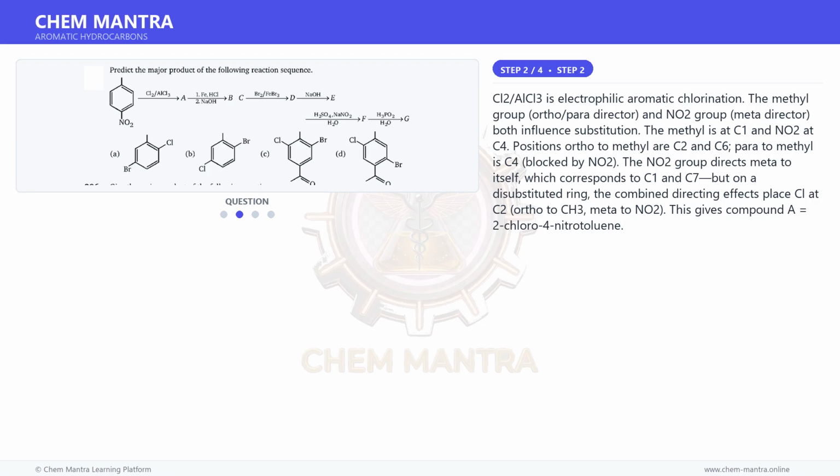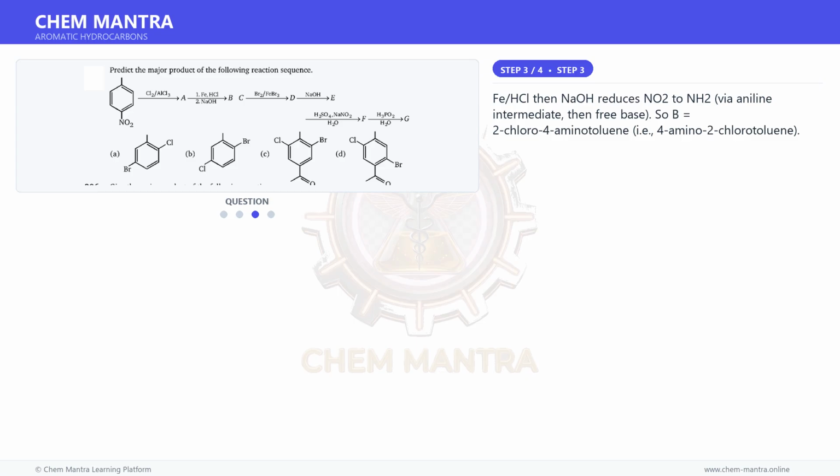Positions ortho to methyl are C2 and C6, para to methyl is C4, blocked by NO2. The NO2 group directs meta to itself, which corresponds to C2 and C6, but on a deactivated ring, the combined directing effects place Cl at C2, ortho to CH3, meta to NO2. This gives compound A is equal to 2-chloro-4-nitrotoluene. Moving on to the next step.